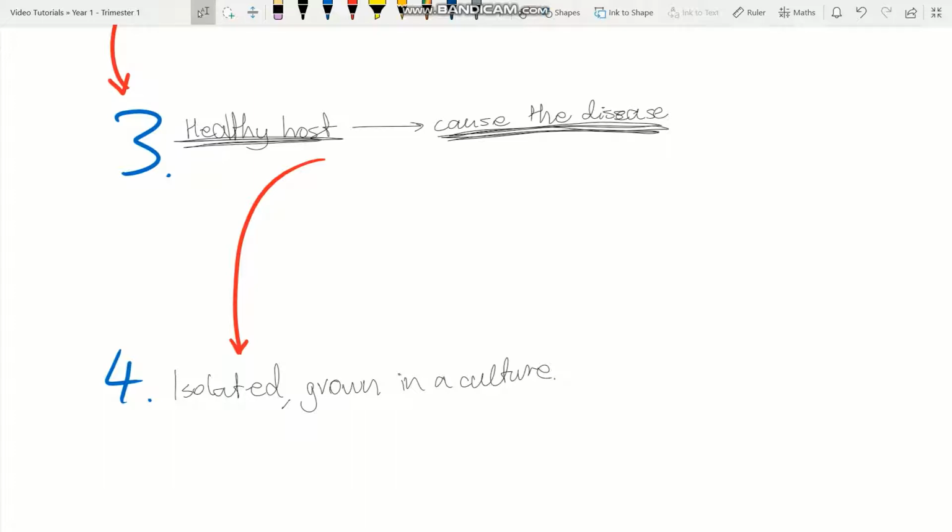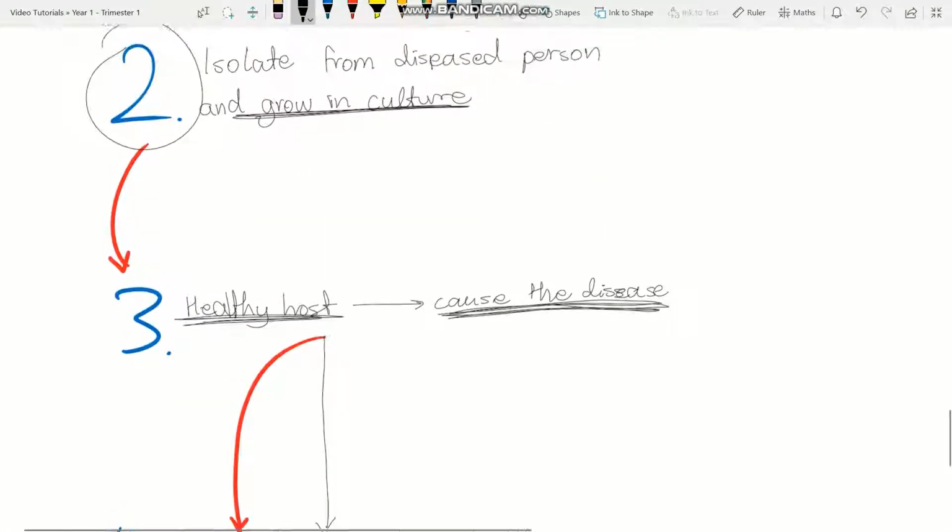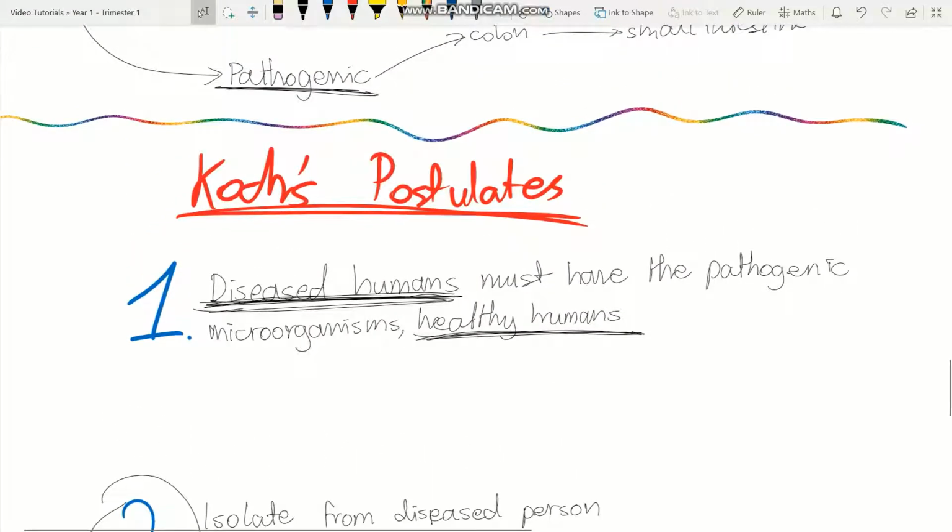And finally, the organism must once again be taken from a healthy host, isolated, and grown in another culture. So this is what Koch's postulates are, and they essentially are what define almost all illnesses and diseases in the world.